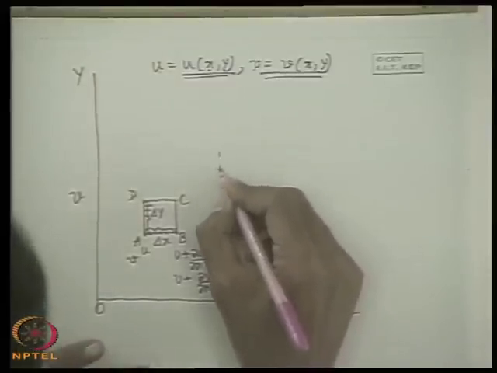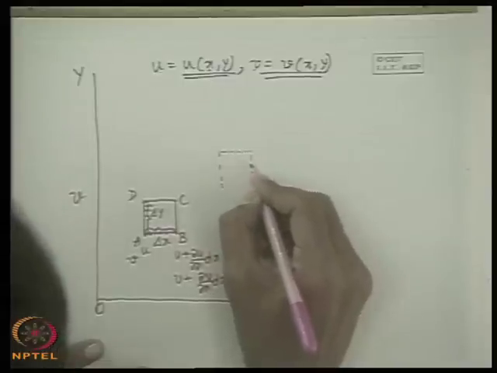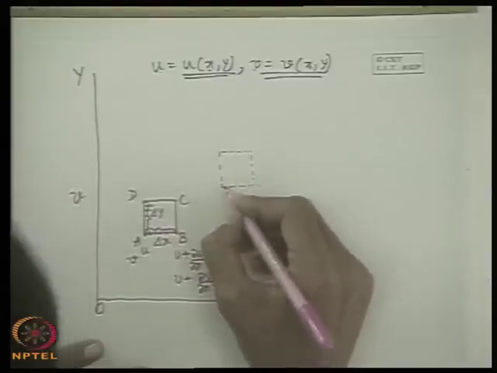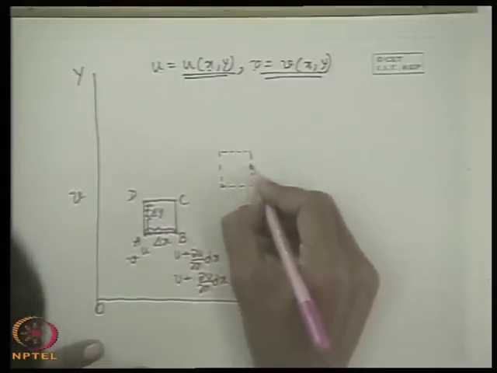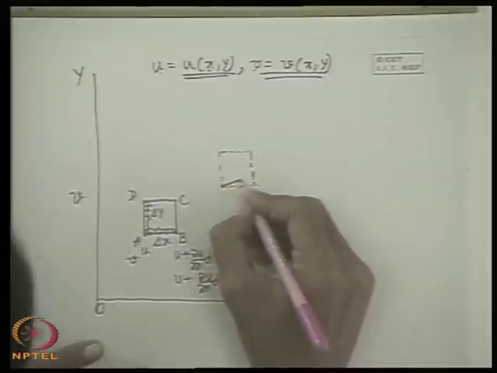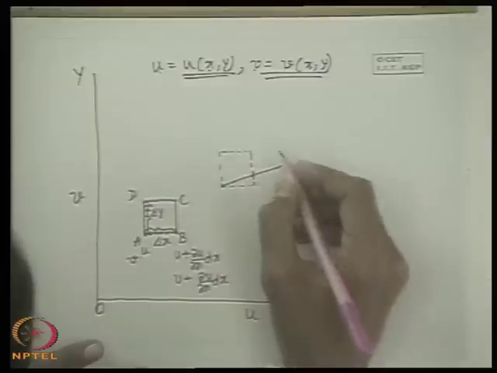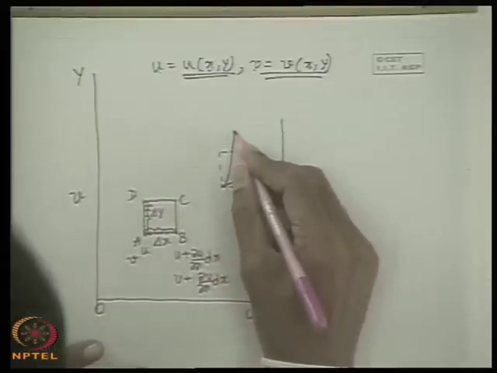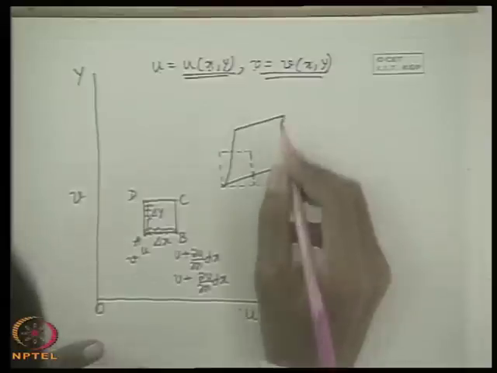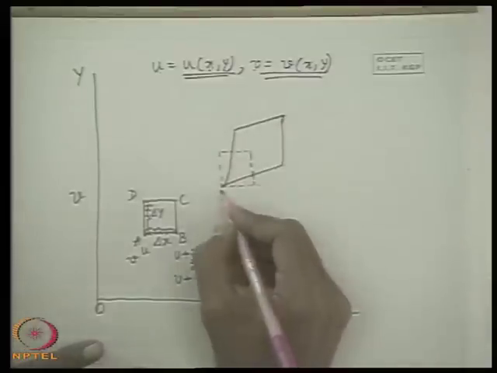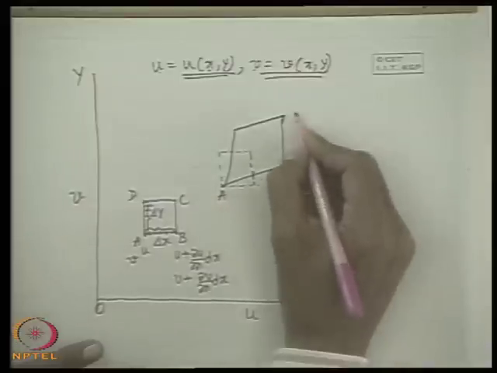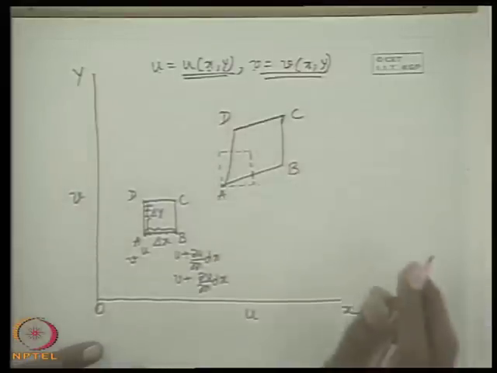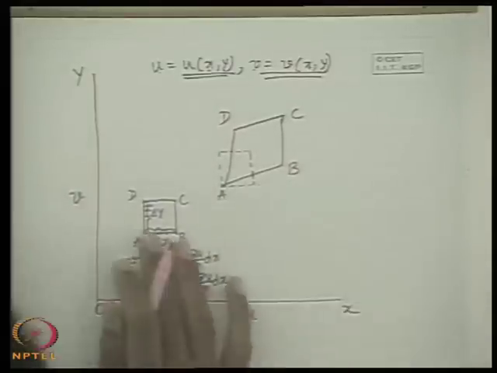Let us consider this is the old one. Now this is the situation. So therefore, A, B, C, D. Now you see there is the distortion in the shape. It is clearly understood.